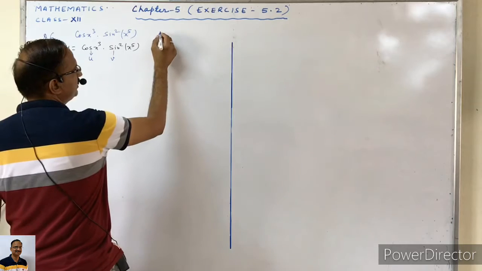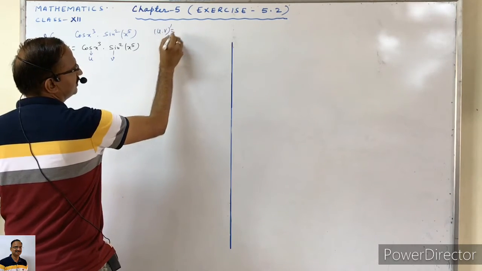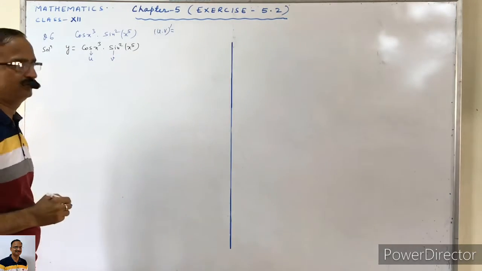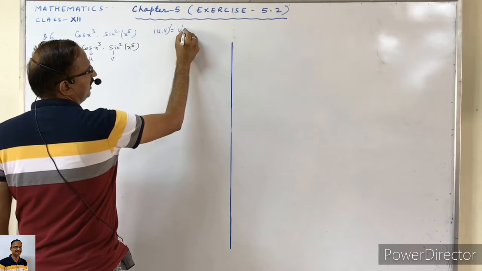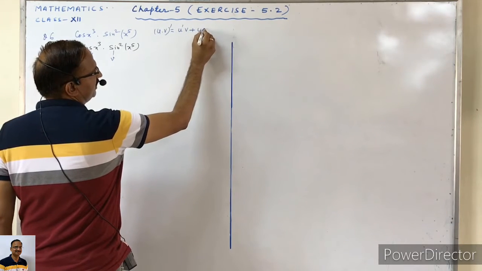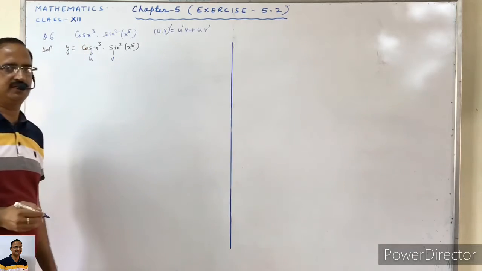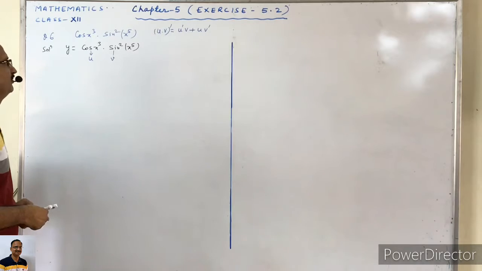So we will use this formula, u multiplied by v dash. This is called the product rule: differentiation of first function multiplied by second function plus first function as it is multiplied by differentiation of second function. So we will use this formula to solve the problem.